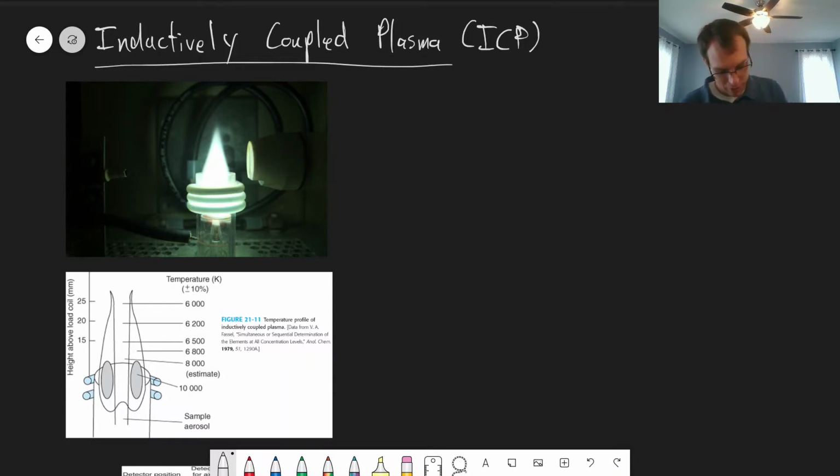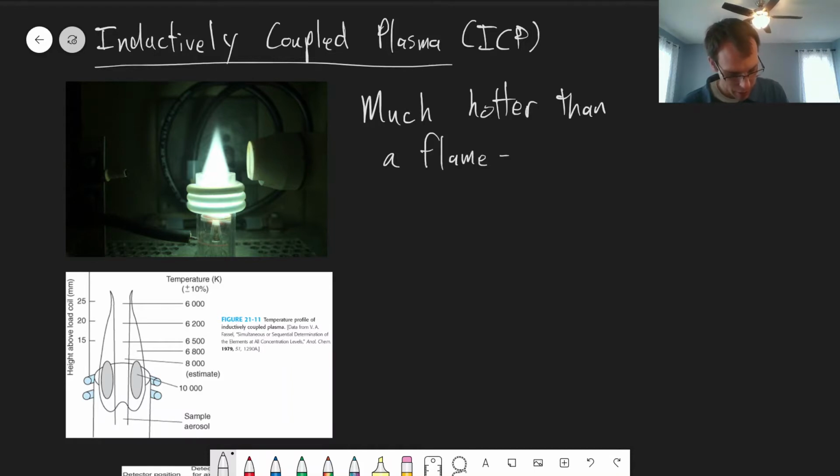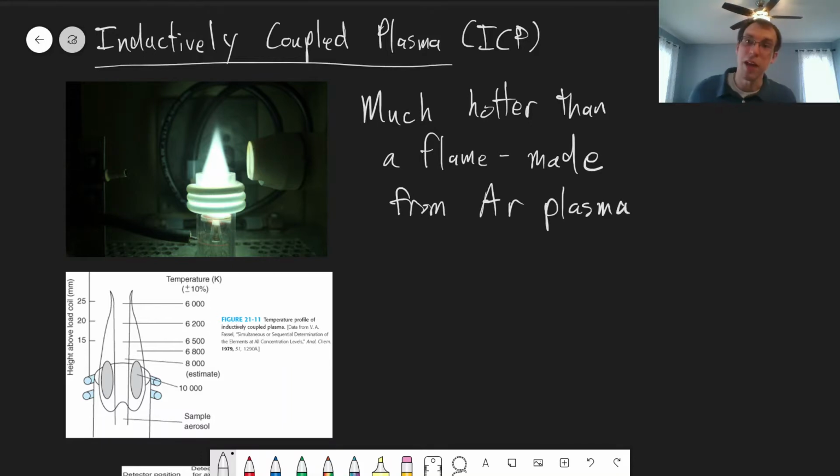So much hotter than a flame, and made from an argon plasma. That is the main advantage that ICP has over either furnaces or just a direct flame: it is significantly hotter.